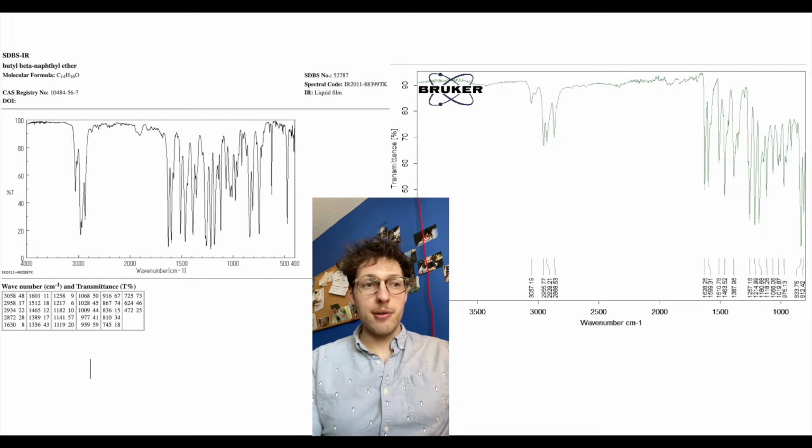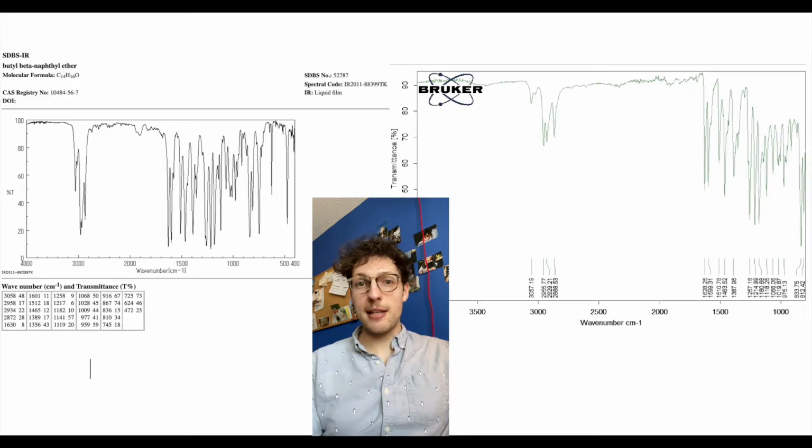In fact, if we look at the wave number and transmittance values side by side for the two, we see that they're all less than 1% different, which is very good. It means that it's very likely that these are the same material, and that it's also quite pure, which bodes well for our experiment, because the idea was to synthesize this 2-butoxynaphthalene.